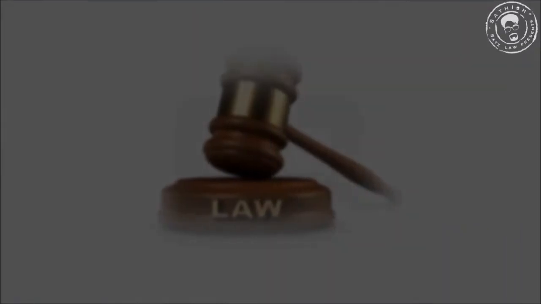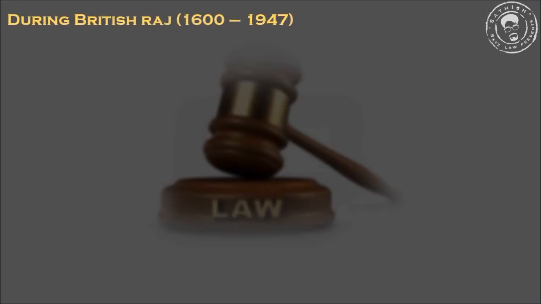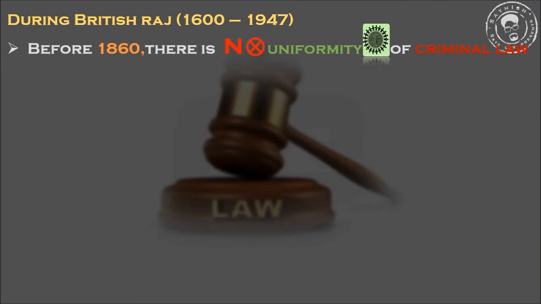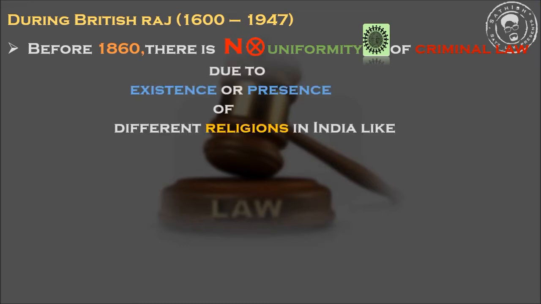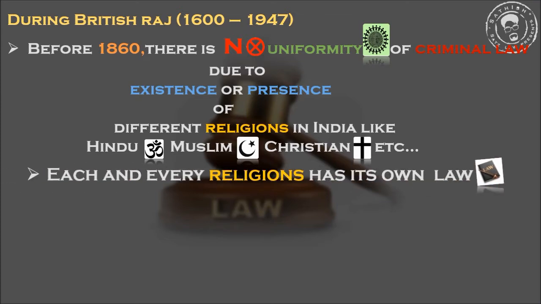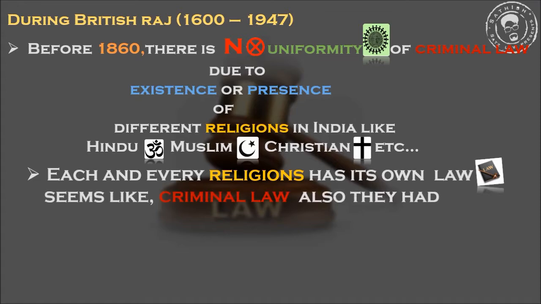Next, we see a short history of the Indian Penal Code. During the British Raj, from 1600 to 1947, before 1860 there was no uniformity of criminal law, due to the presence of different religions in India, like Hindu, Muslim, Christian, etc. Each religion had its own law, and likewise its own criminal law.